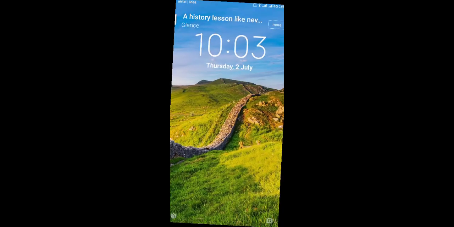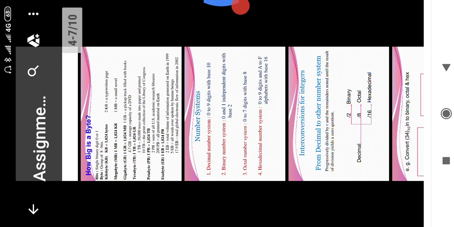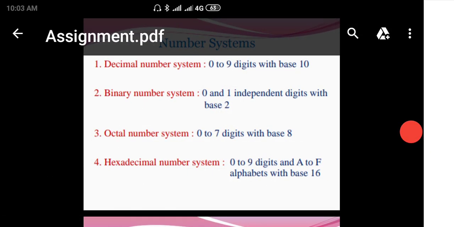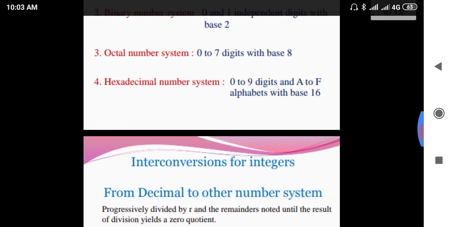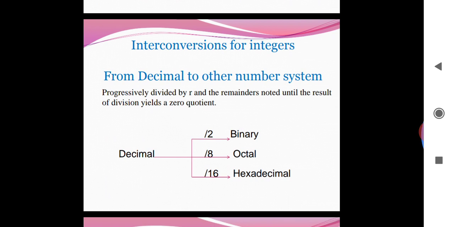So these are the 4 number systems: decimal, binary, octal, and hexadecimal. Now we have learned the basics of the number systems. The base of the decimal number system is 10, the base of the binary number system is 2, the base of the octal number system is 8, and the base of the hexadecimal number system is 16.